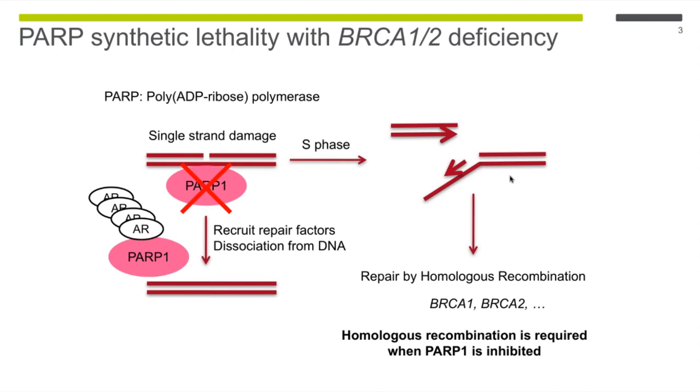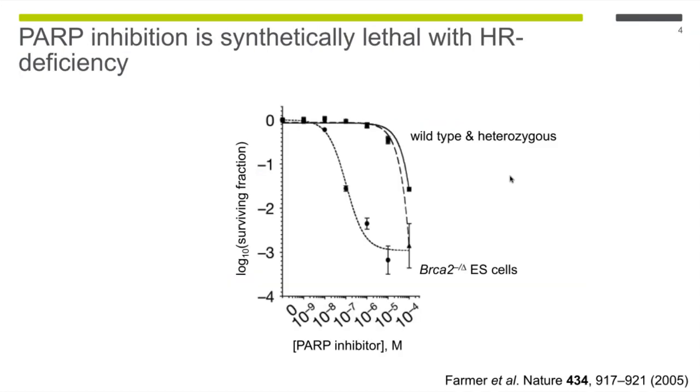So yeah, the hypothesis was that inhibiting PARP1 would make the cells very, very dependent on a functional homologous recombination pathway. And so you can see some evidence of that in this slide from one of our lab's early papers on PARP inhibitors. So this is showing a survival curve of BRCA2 mutant mouse embryonic stem cells treated with a PARP inhibitor.